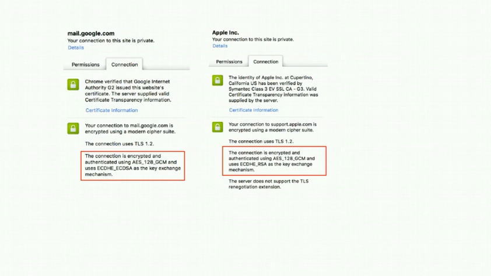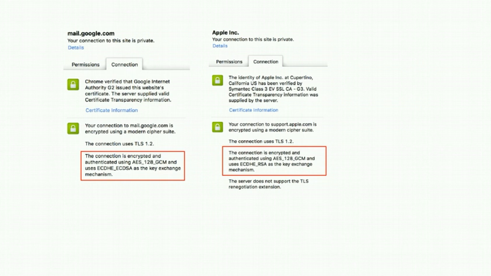Okay. Now, when you check the certificate and connection of your websites, you can find this kind of information. The connection is encrypted and authenticated using AES 128 and uses ECDHE and ECDSA as the key exchange mechanism. What does it mean?